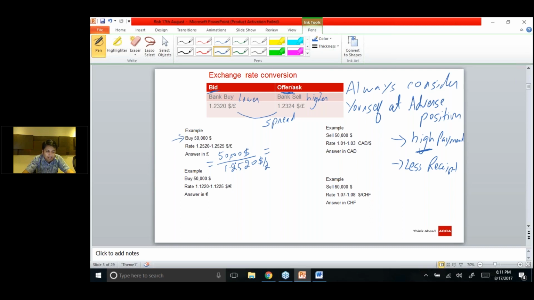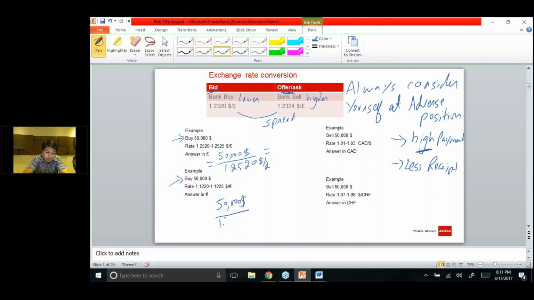Okay, the second example: you're going to buy $50,000 and the currency is dollar over euro, and you need your answer in dollars. Dollars are the same currency, so you are going to divide. And you need to buy this currency, and whenever you buy some currency, you have to pay. What was the principle? You have to pay more. How are you going to solve it?